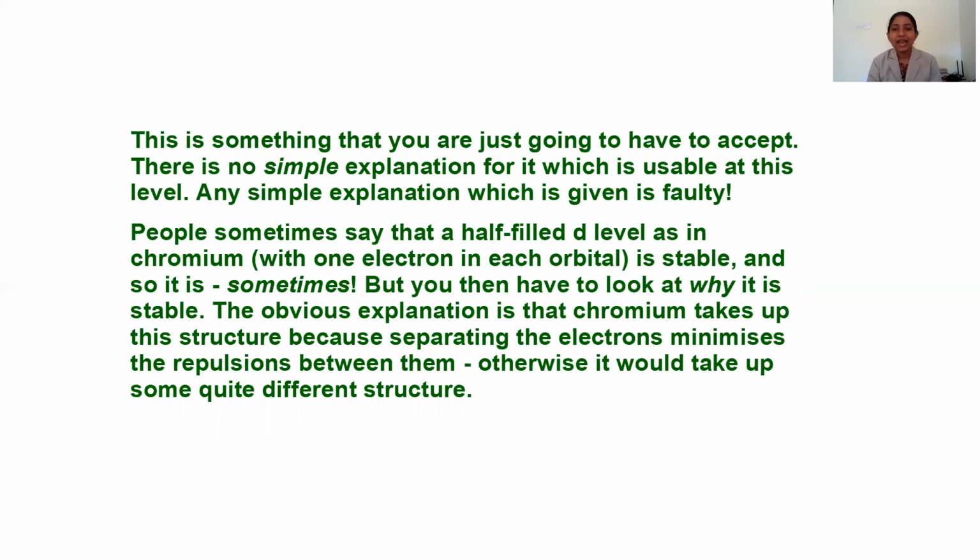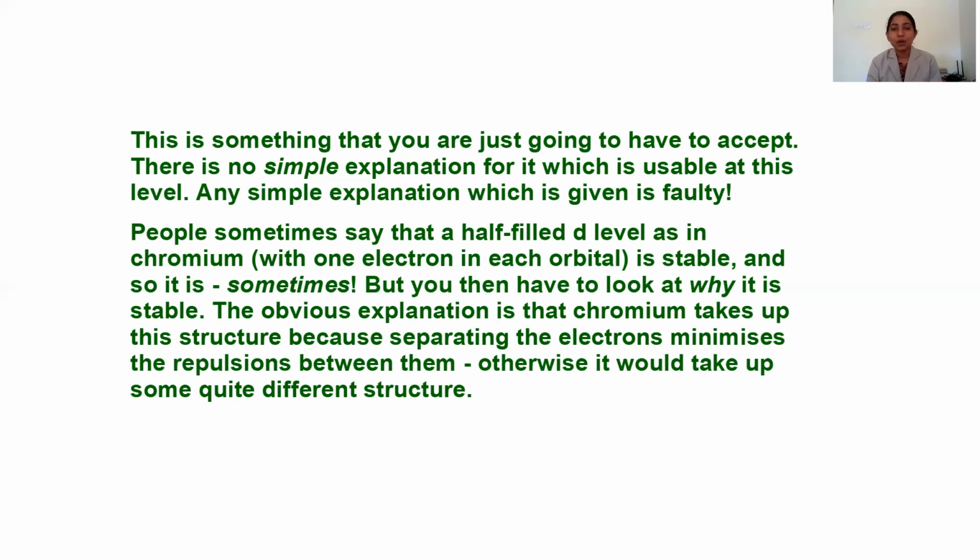But you then have to look at why it is stable. The obvious explanation is that chromium takes up the structure because separating the electrons minimizes the repulsion between them. Otherwise, it would take up some quite different structure.